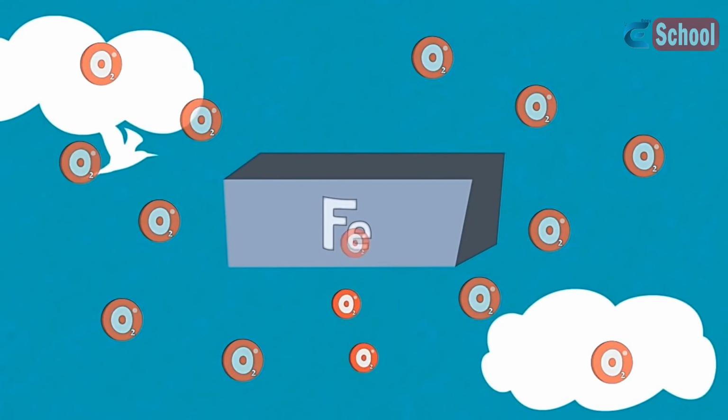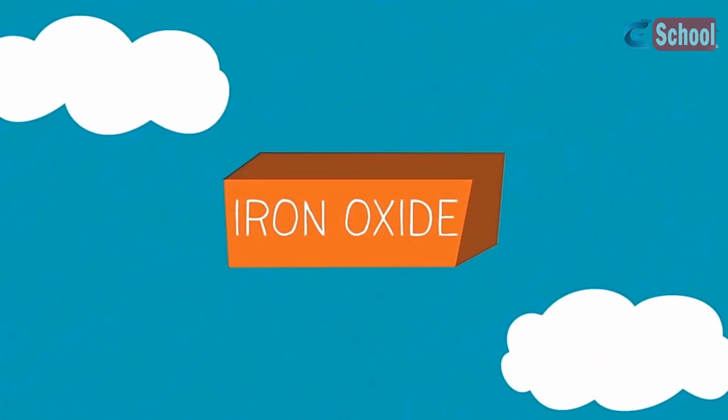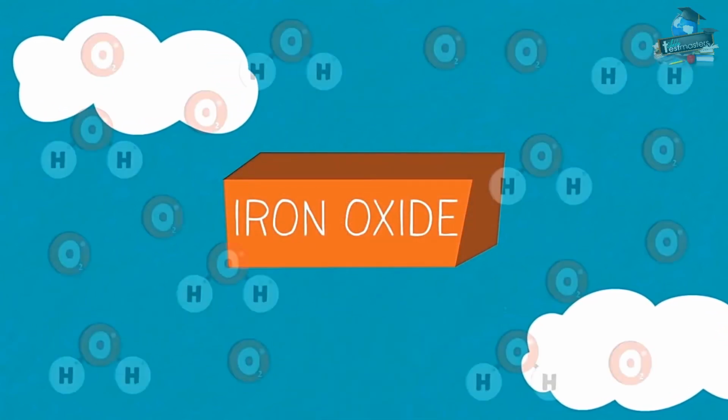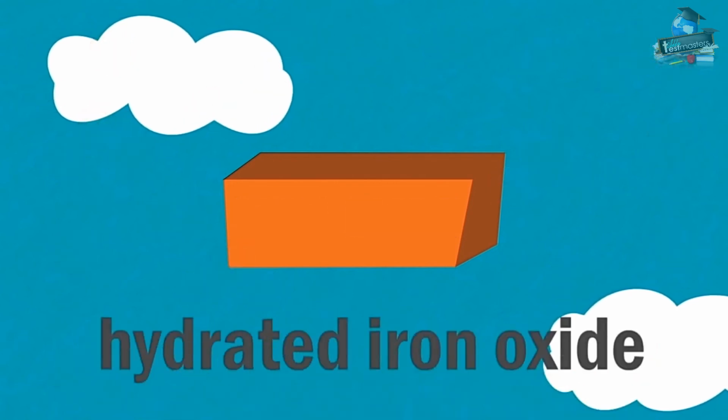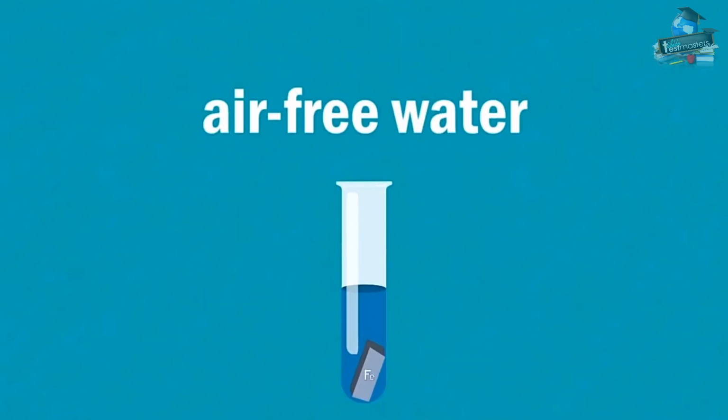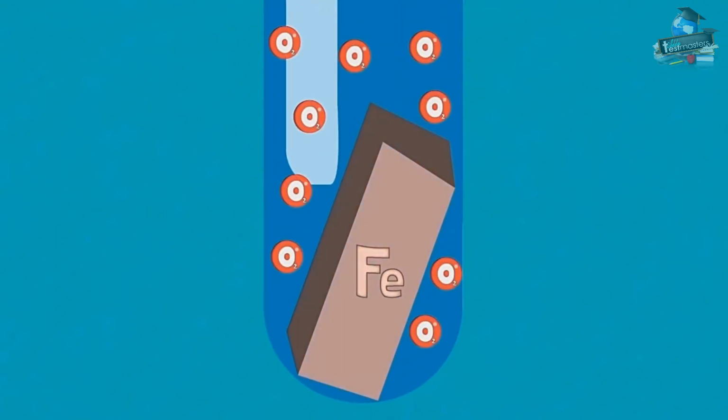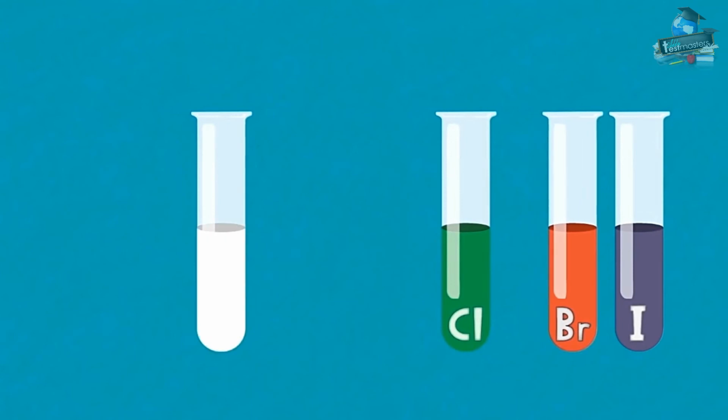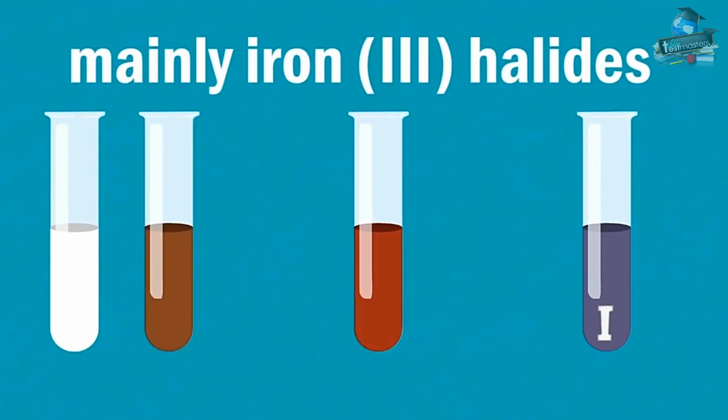In summary, iron reacts with oxygen in the air to form iron oxide, commonly known as rust. It may also react with moist air to form a hydrated iron oxide. Iron will not react with air-free water, but will rust if there is air in the water. Iron reacts with halogens to produce mainly iron-3 halides.